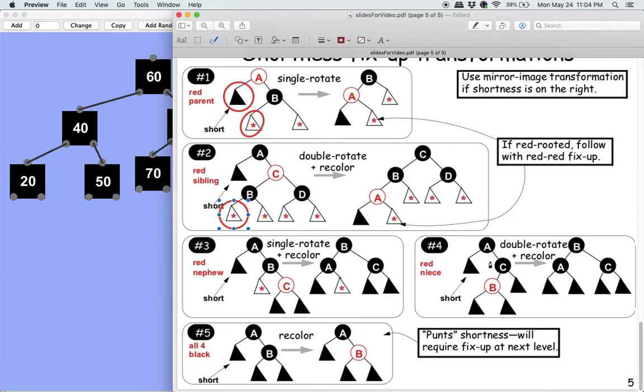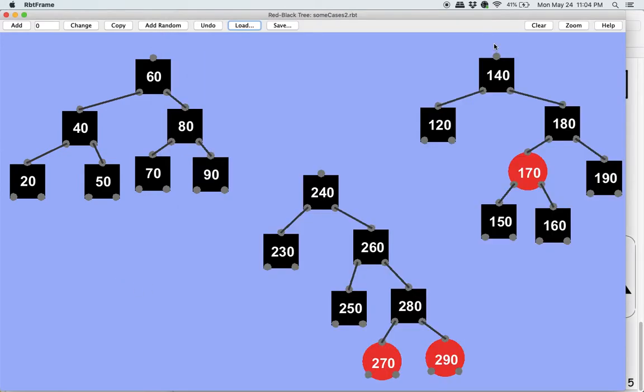The B rotates over the C, then the B rotates over the A. So the effect is I split up the A and the C. I pull the B out, and it comes up above everyone else, and then I just set the links so they fall into place in order. And what we end up with is this right here. And the niece turns black. Nobody turns red here.